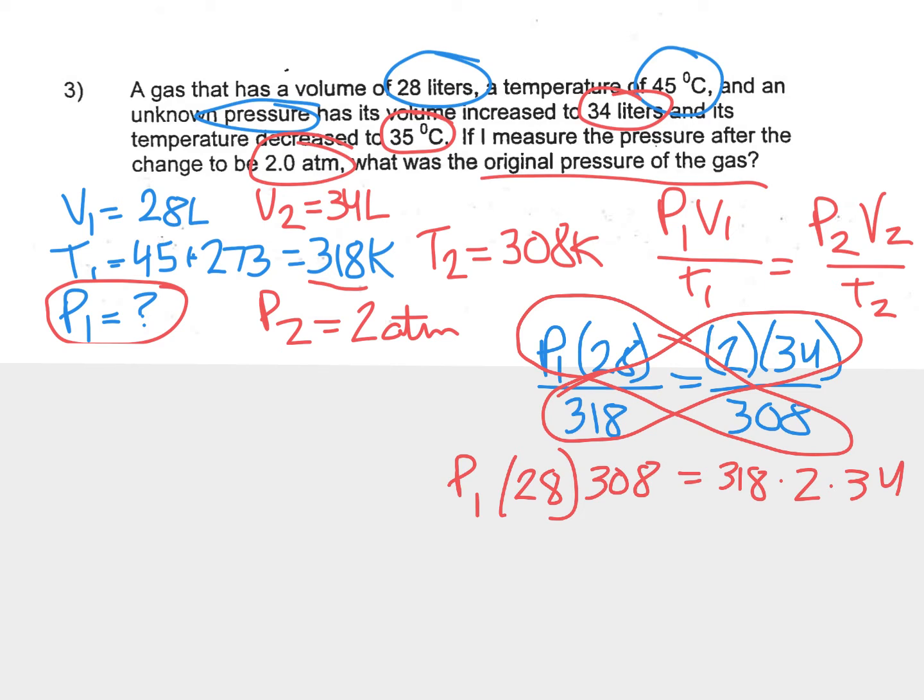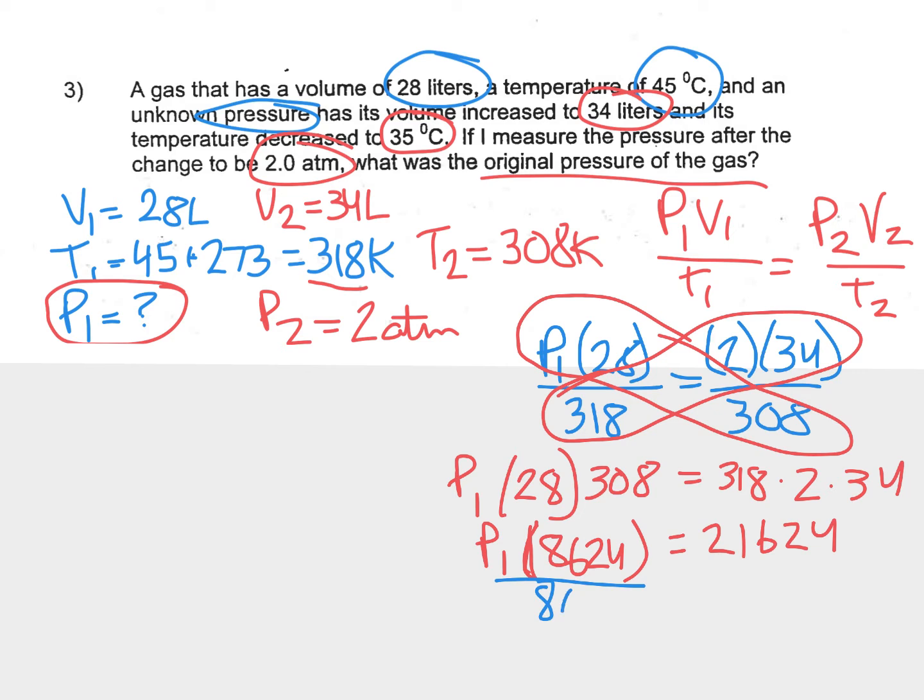If we do 28 times 308, we're going to end up with 8,624 for this side. And if we take 318 times 2 times 34 on the right side, we end up with 21,624.